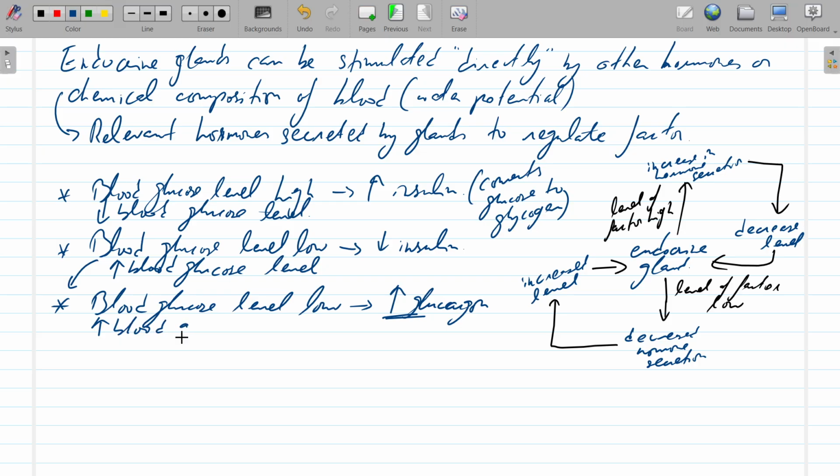Why? Because glucagon converts glycogen to glucose. So, in any case, as we talked about, there's a negative feedback system.